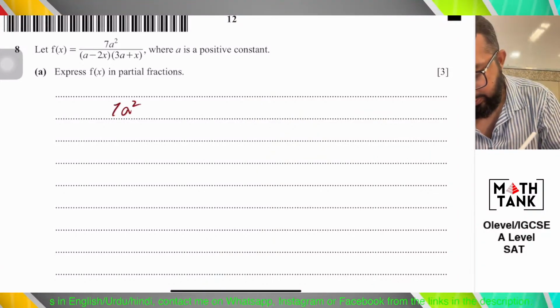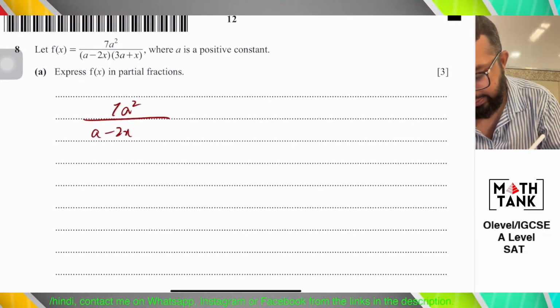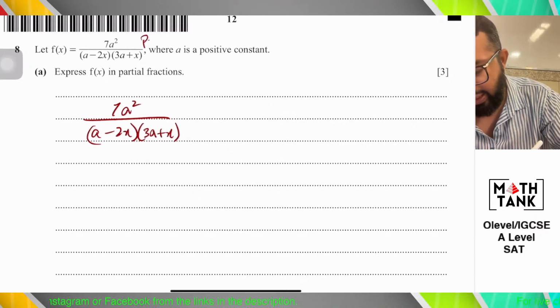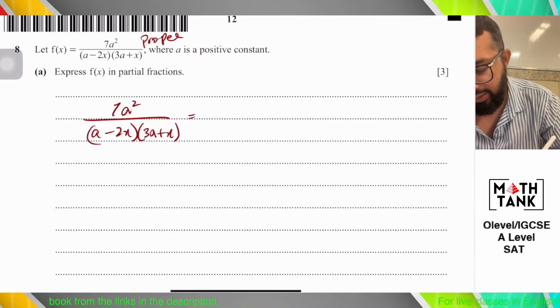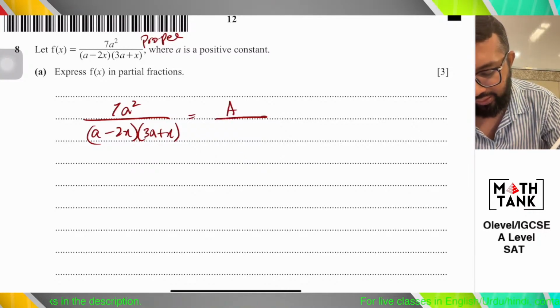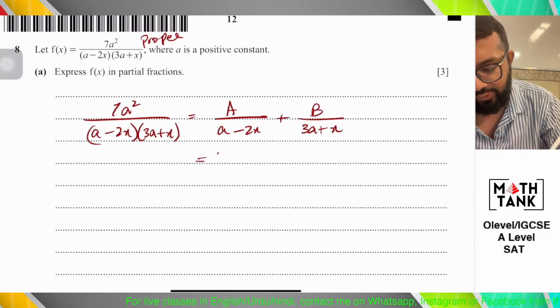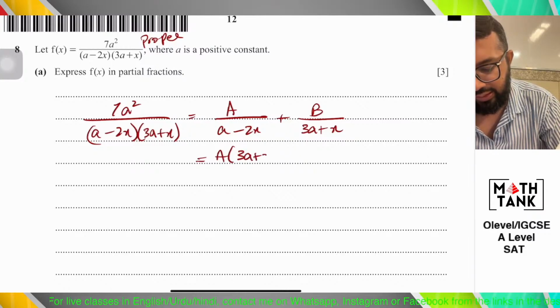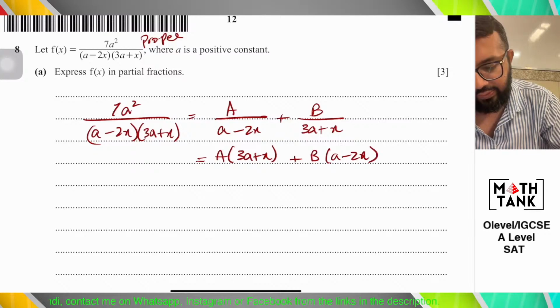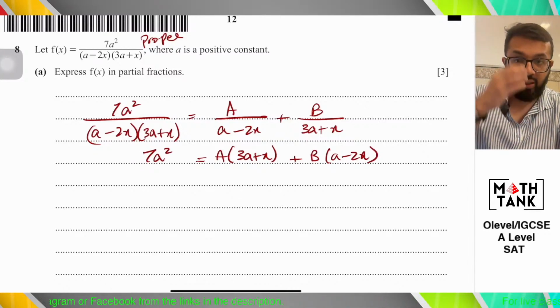So 7a square over a minus 2x and 3a plus x. This is a proper fraction, so I can just go on and make my partial fractions. Let capital A over a minus 2x plus capital B over 3a plus x. A gets multiplied with 3a plus x, and B gets multiplied with a minus 2x. This should equal 7a square. I am used to doing cover-up methods.